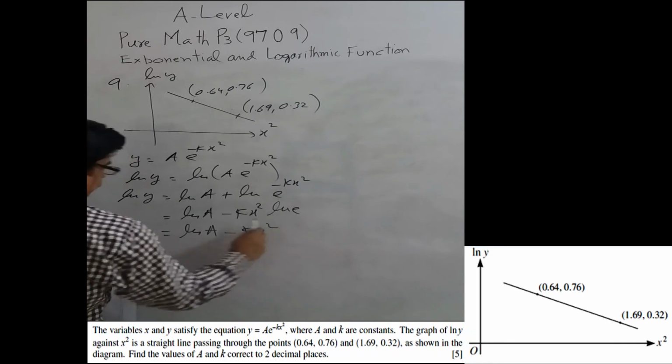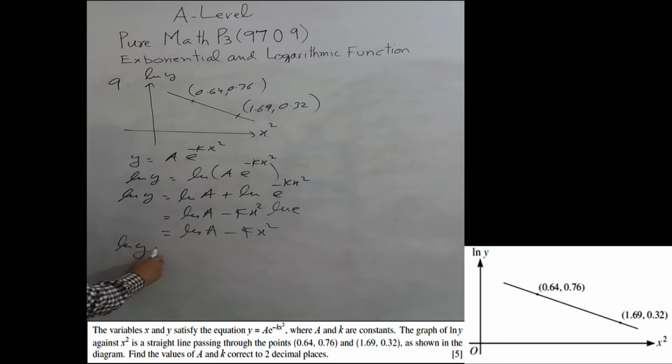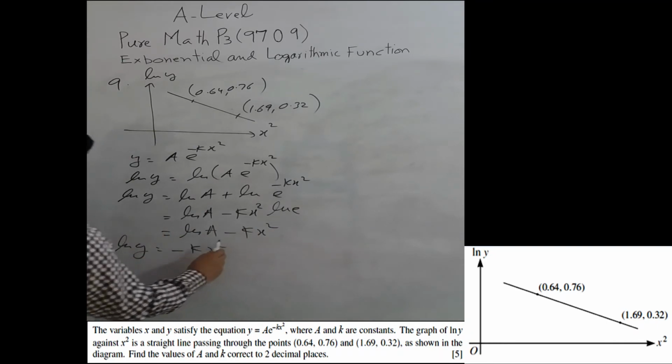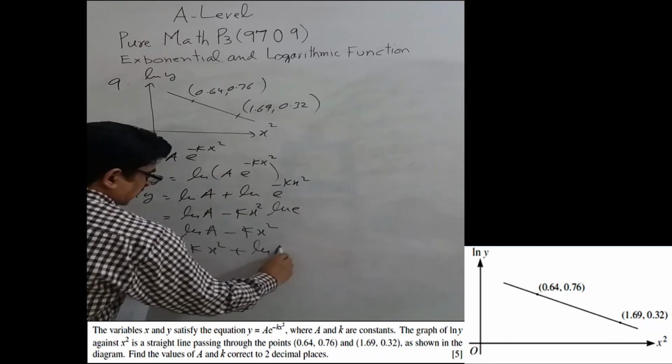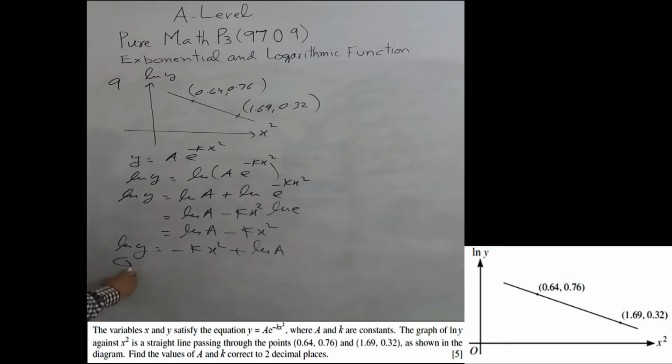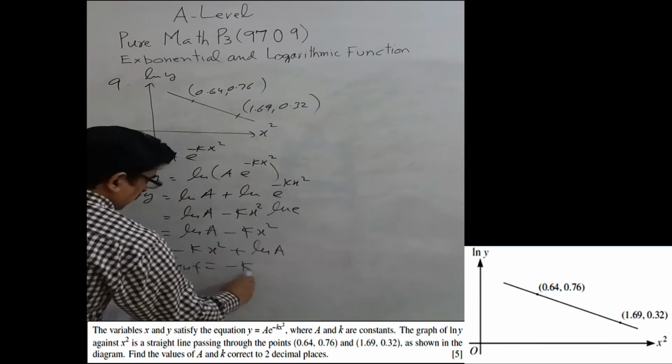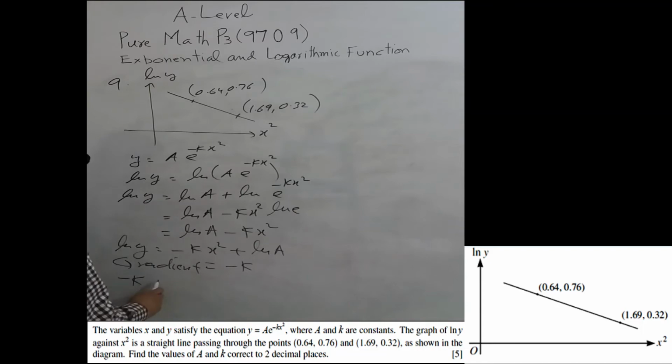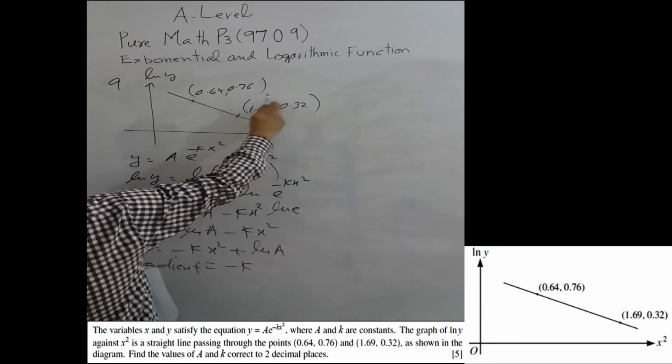This is minus kx square. Rearranging, we can write it minus k x square plus ln a. So gradient is minus k.